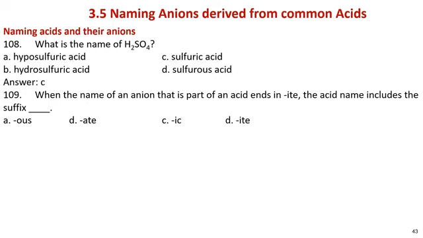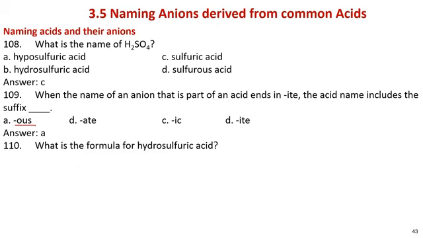Which of the names of an anion has the ending ite? Acid name. Nitrite comes from nitrous acid, nitrate from nitric acid. Nitrous acid is the acid with ite.